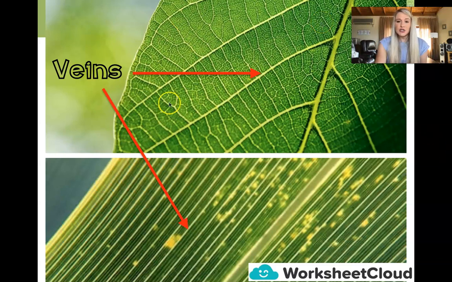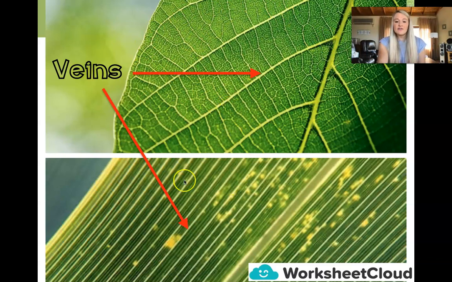So this first picture over here shows the veins. These veins are called a netted vein system of a plant. So I want you to have a look at wherever you are, whether you've got a plant inside, whether you've got a garden, go outside, have a look at the different leaves outside. Is the leaf a netted leaf? It almost looks like a net, all woven together.